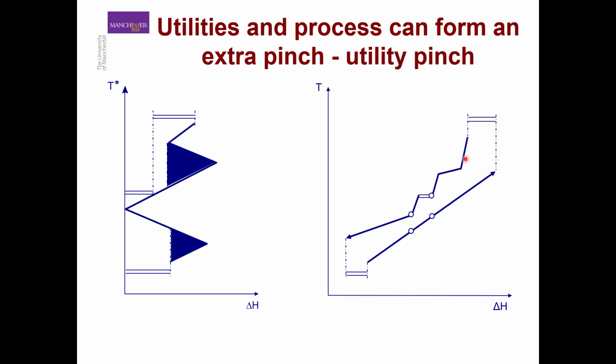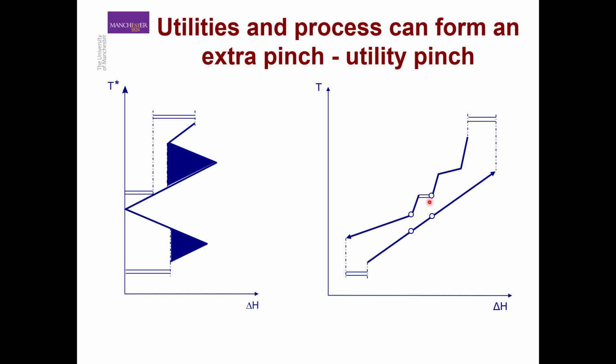So here in the dark line, the hard line, we have our normal process stream, for example, from here to here. And then here in the middle, we have added our hot utility, for example, steam in this case. And now this is actually converted from a normal composite curve to a balanced composite curve. We can see our original pinch temperature or pinch region, and then we have a utility pinch here due to the addition of this utility.